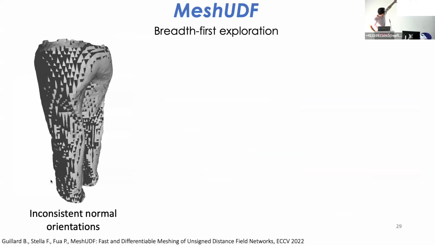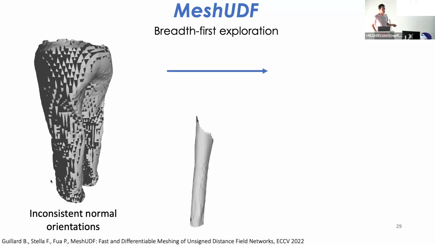Then, as you can see here, a bunch of the triangles are flipped, and there's still the problem of the remaining holes. So what we did is modify the marching cubes traversal of the space, which is just marching cubes. You just take one after the other, all of the cells that you have. Here we want to change the order of traversal, and specifically we want it to be breadth first.